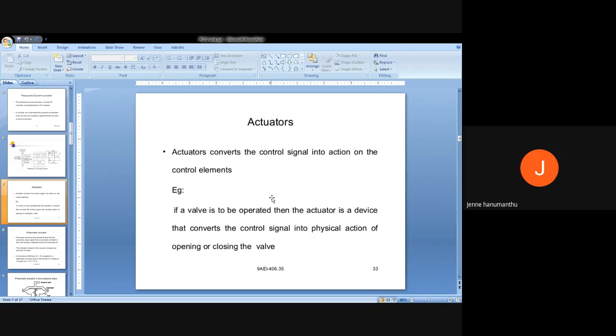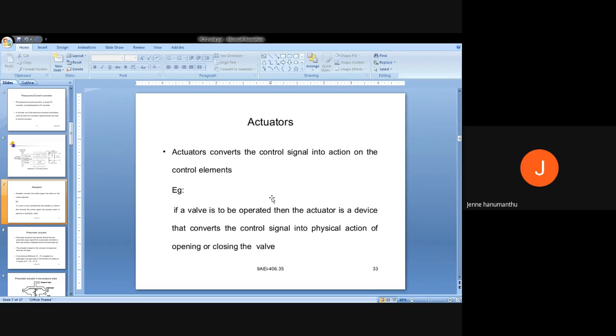The output of the signal converters is given as input to the actuator, so that input is the so-called control signal. So the actuator converts the control signal into action. The output of the actuator is action or mechanism on the control element.